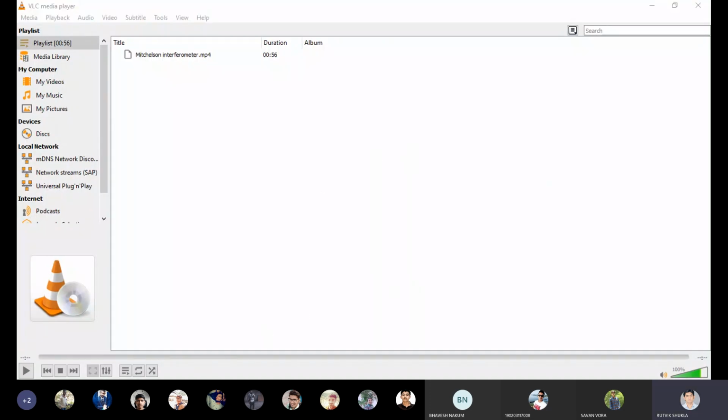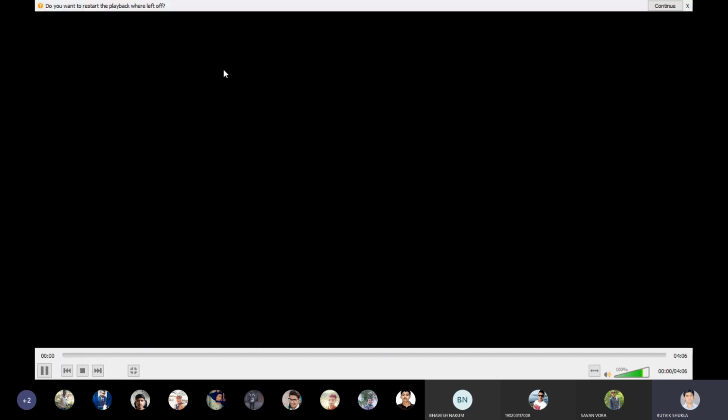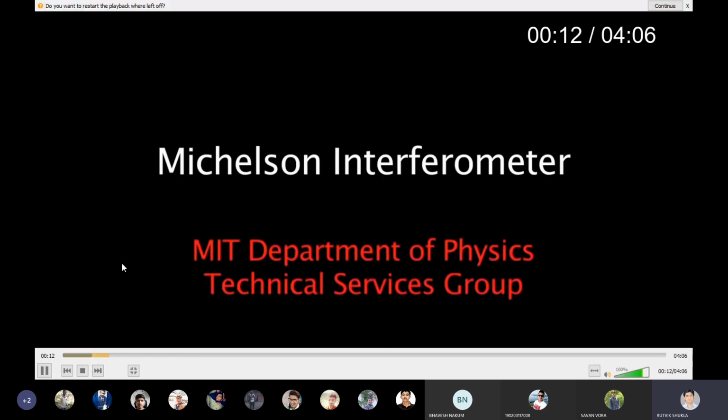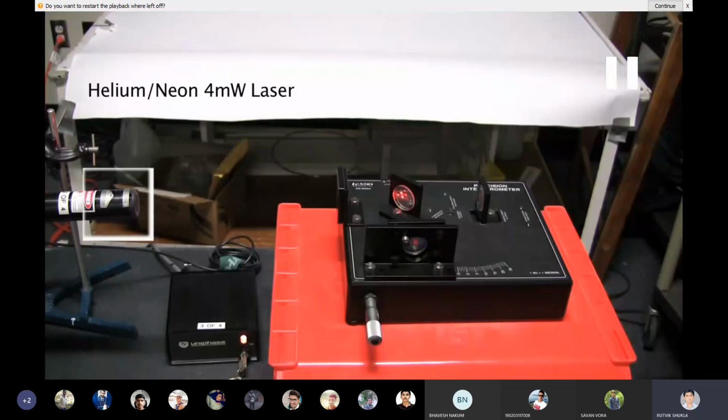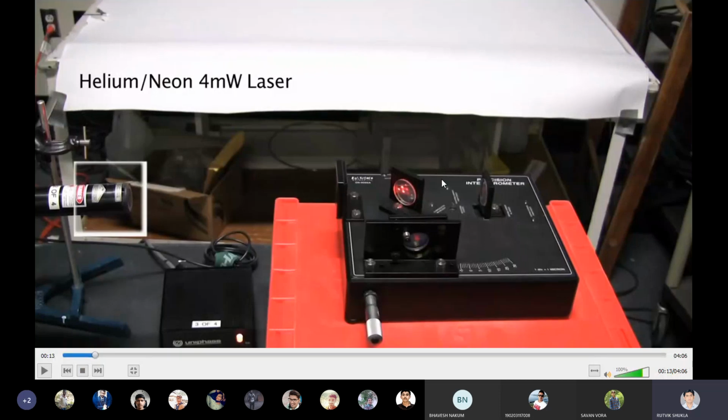In continuation, if we look at the same thing, what do the fringes mean? I told you that fringes appear. Let's see what those fringes mean. So this is how the instrument looks. It is not available in our lab, but if at all we were to see it, it is like this. Here you can see this is the mirror which moves. This is the mirror which is fixed.